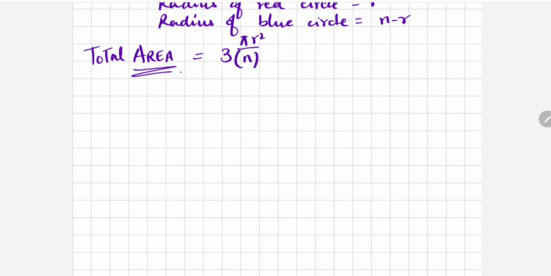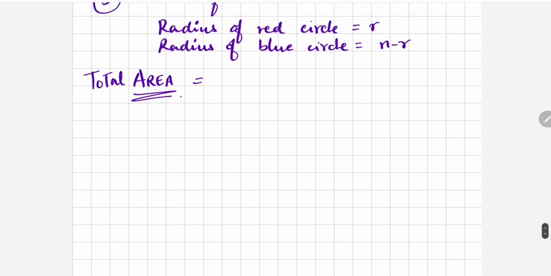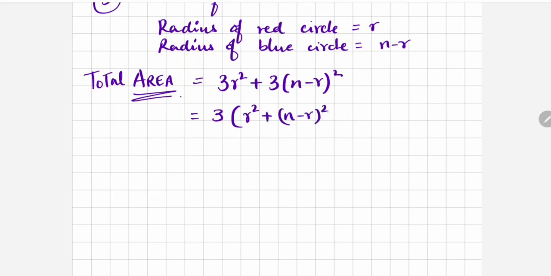So 3r square for the red circle plus 3(n minus r) square for the blue circle. That is the total. So we can take 3 common: r square plus (n minus r) whole square.